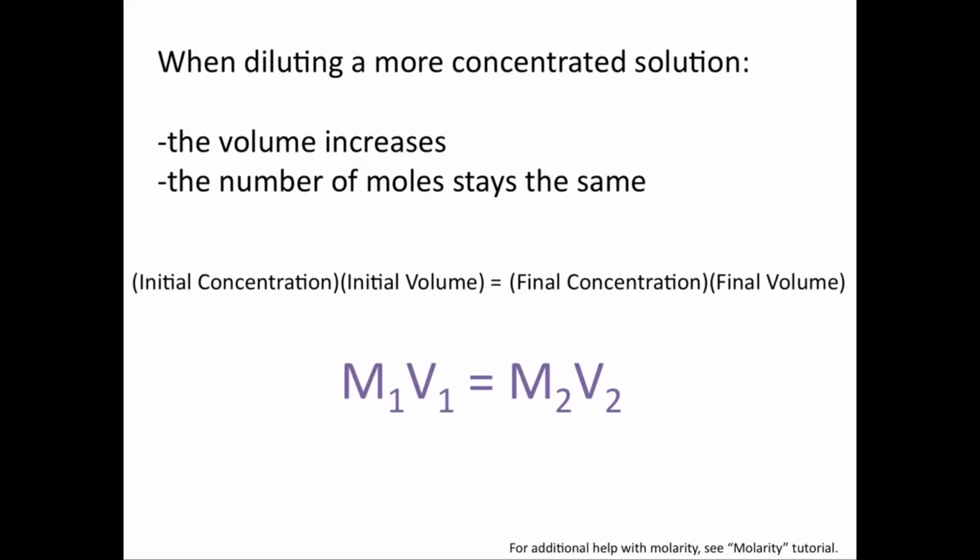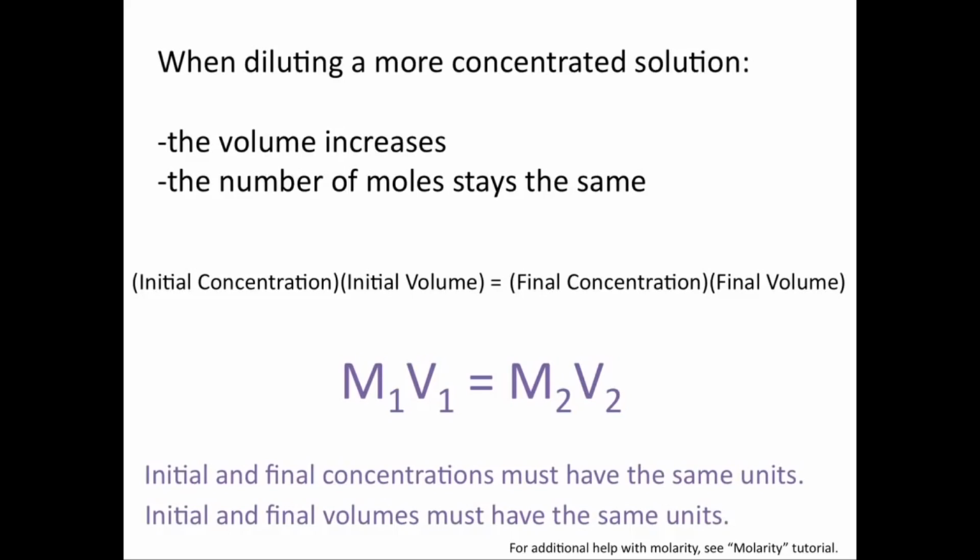And if you look at that first equation, initial concentration times initial volume, if your initial concentration is in moles per liter, what's really important is that your initial and final concentrations, or M1 and M2, must have the same units.